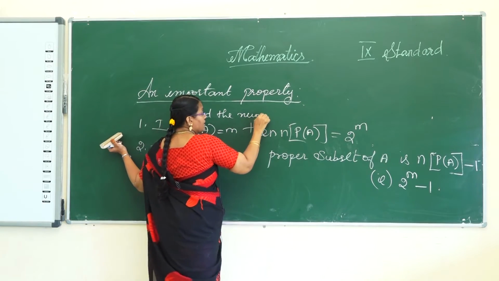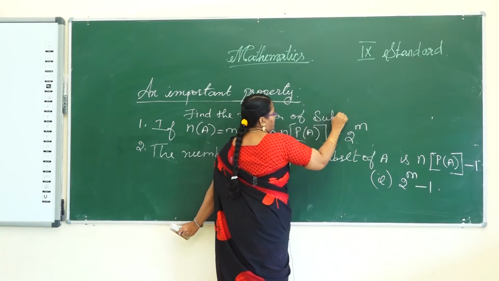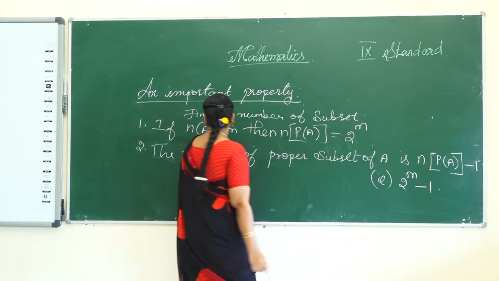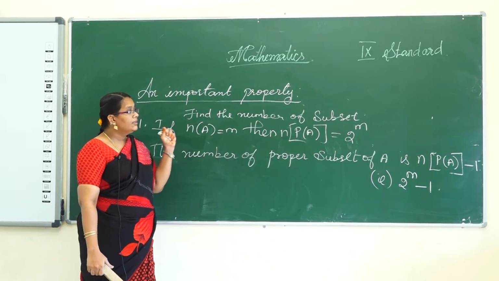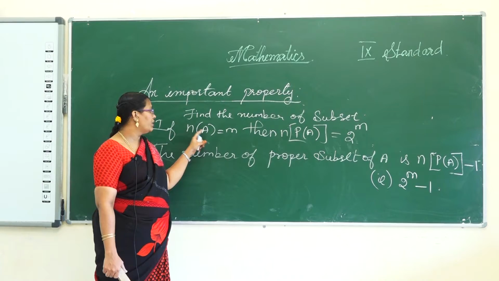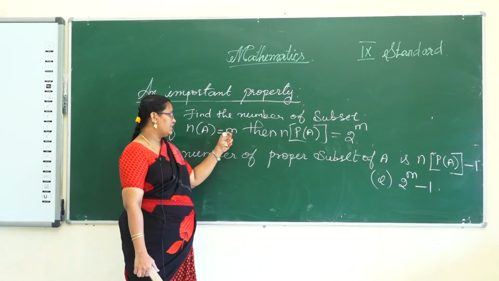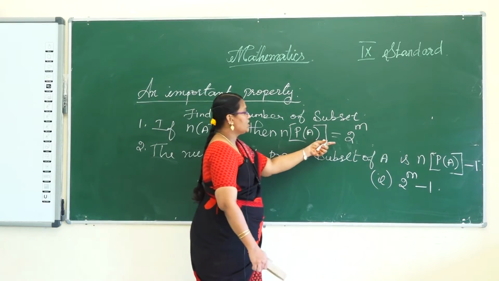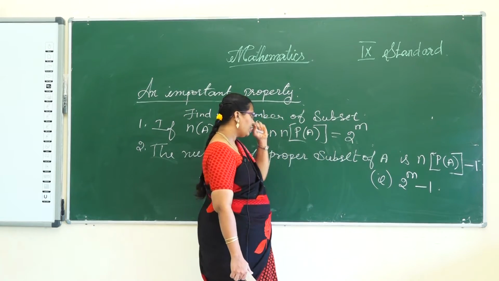First find the n of A value, consider it m, then use the formula 2 power m.